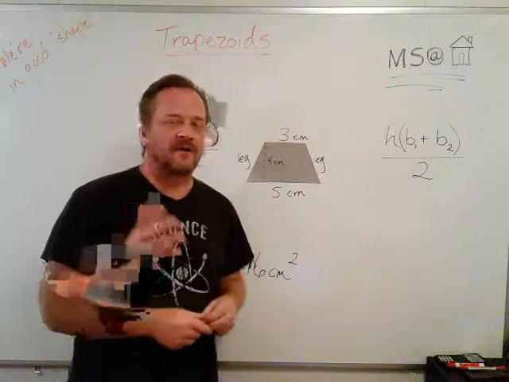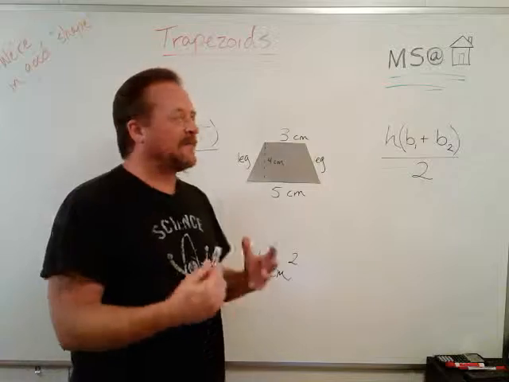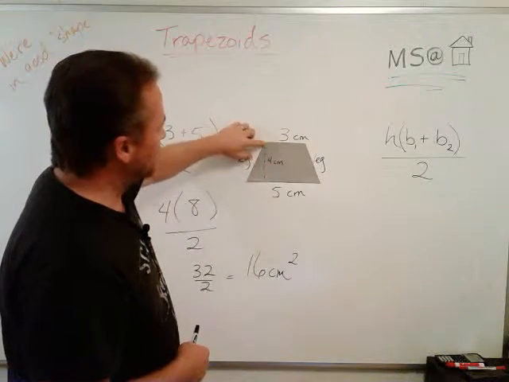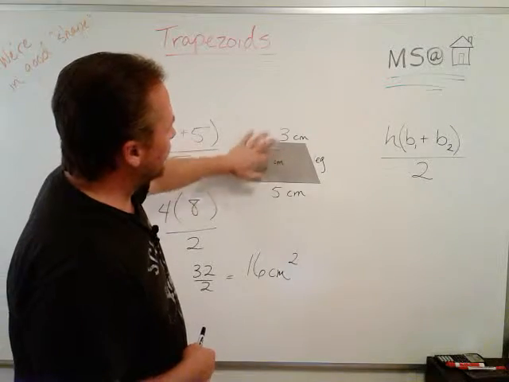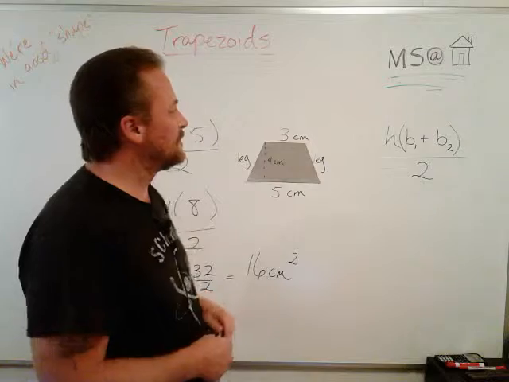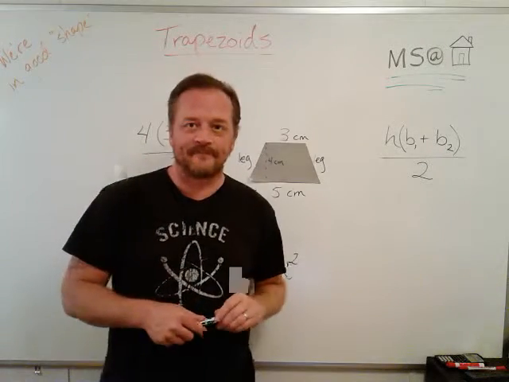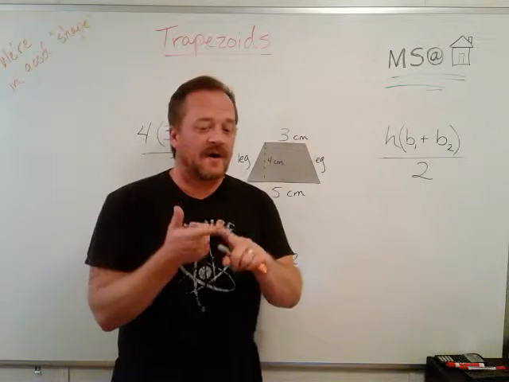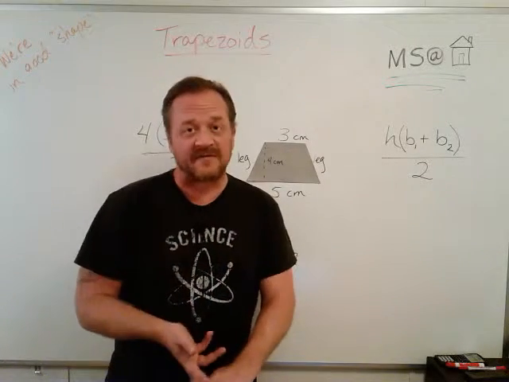And that's something that you'll worry about a little bit later on. But for now, these don't really factor into area. What you need to know is the height and the length of the 2 bases so that you can use this. Okay? Sound good?